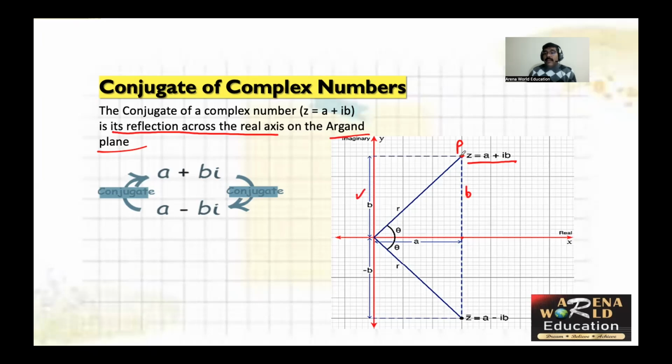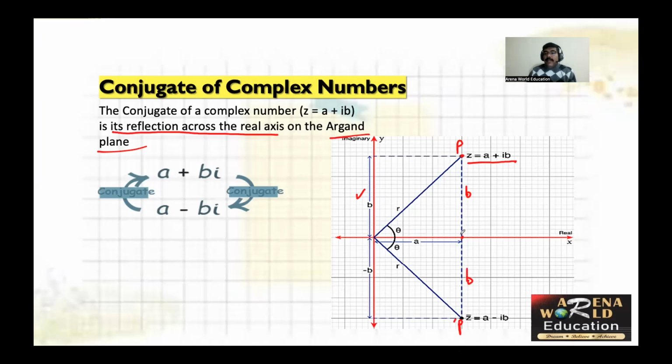right? So in case of reflection, size and shape of the object will be same, right? So from P to x-axis, distance is b. So from here, the reflection, suppose this is P dash, the distance will be same.